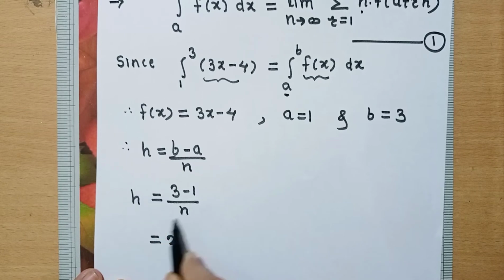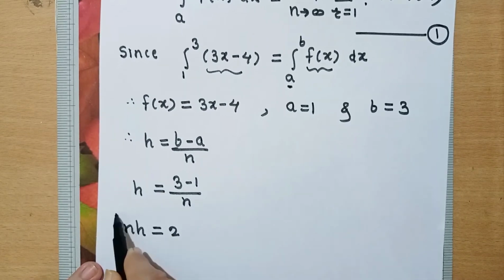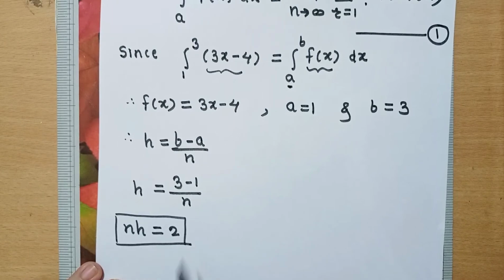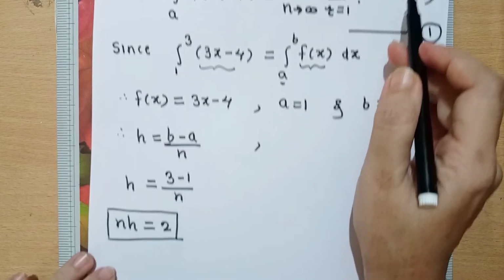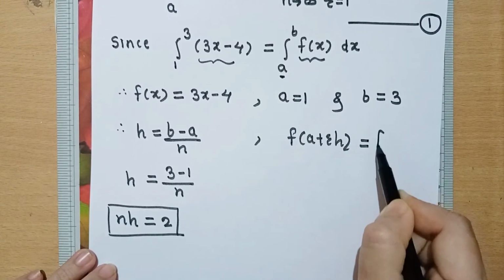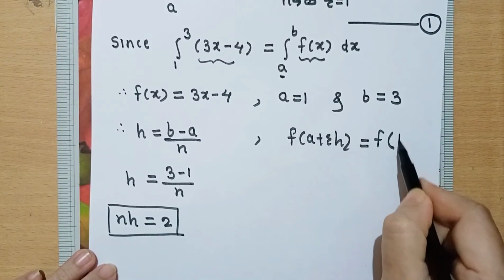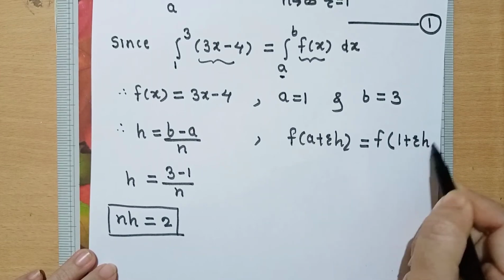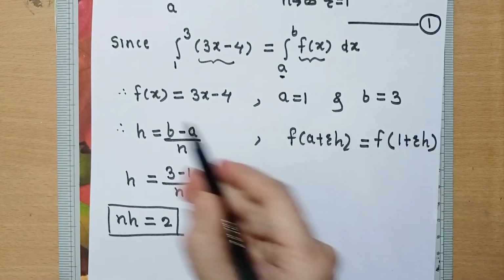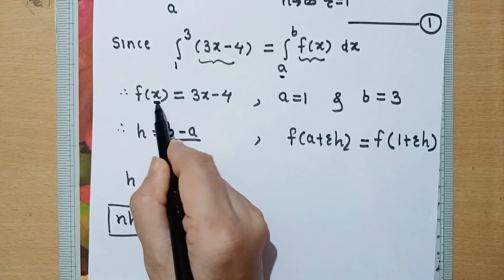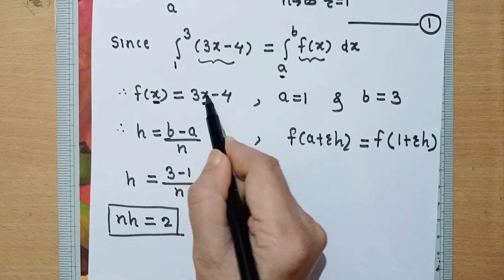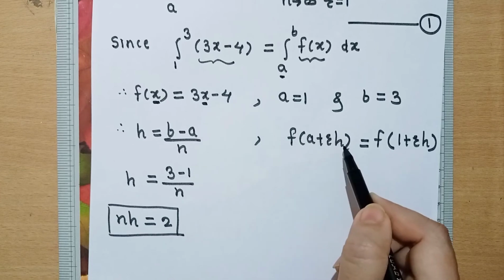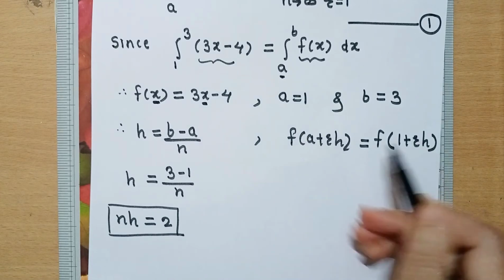Here it is h, so here we will get nh. So we have nh equal to 2, and also we want f of a plus rh equal to f of 1 plus rh. And how will we find this? Now check, f of x equal to 3x minus 4. So wherever there is x, we will put a plus rh, that means 1 plus rh.